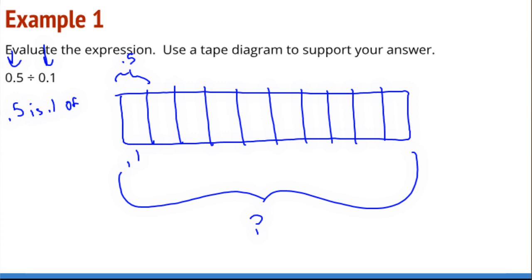And we could count up and say we've got 10 tenths, and so we'd have 1, 2, 3, 4, 5, 6, 7, 8, 9, 10. We would have 10 5/10, 5 times 10 of them, and we would get a quotient of 5.